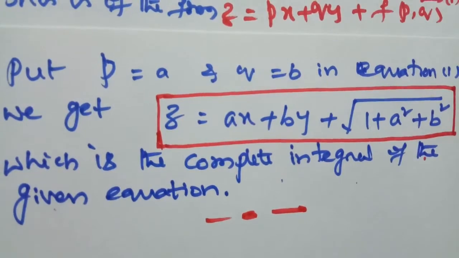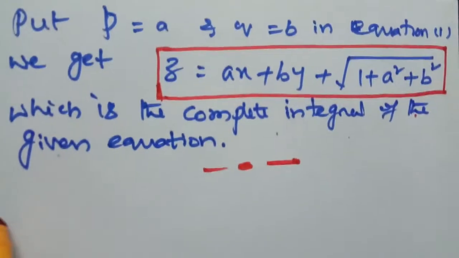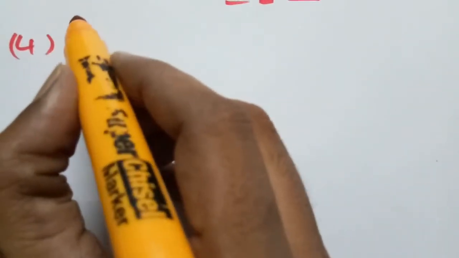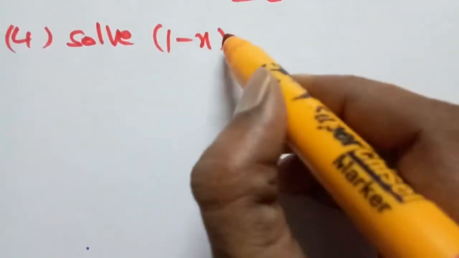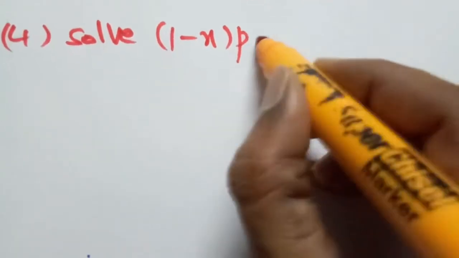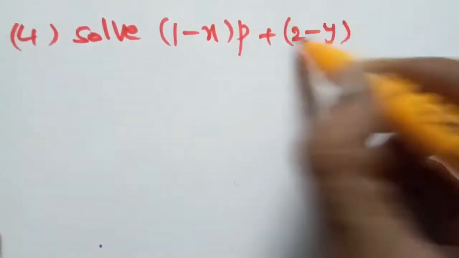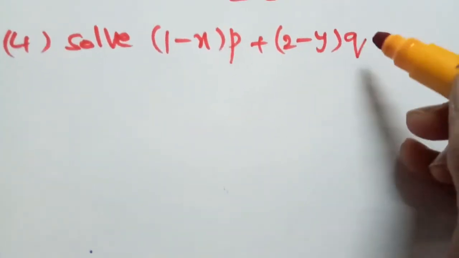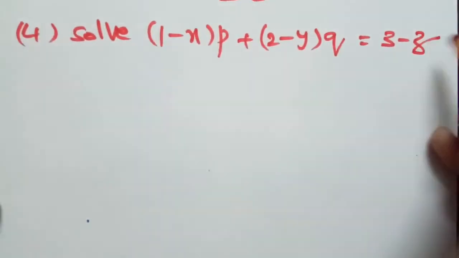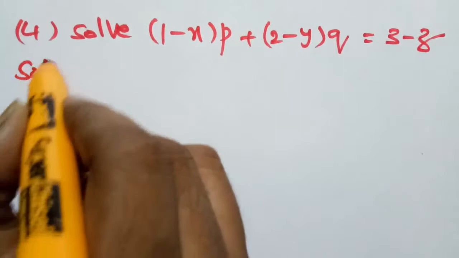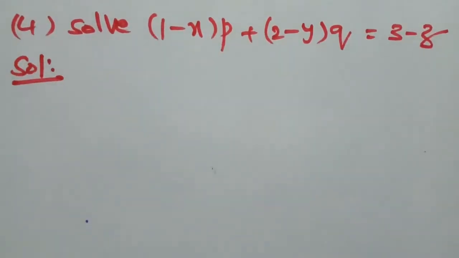Next, problem number 4. Solve (1 minus x) into p plus (2 minus y) into q is equal to 3 minus z. Write down the given equation first.